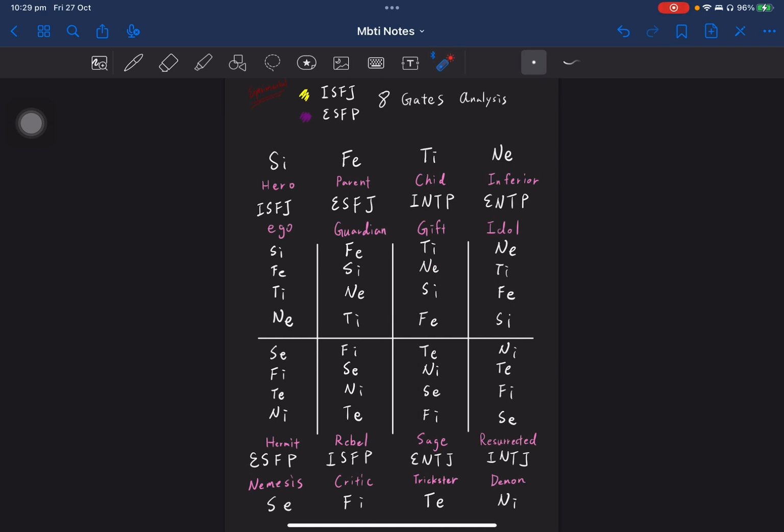Because parent function is so important in a cognitive stack, in my opinion it holds the whole stack in place. It's there to keep the hero honest and to keep the child safe. So it's a very central position in utilizing that particular cognitive stack.